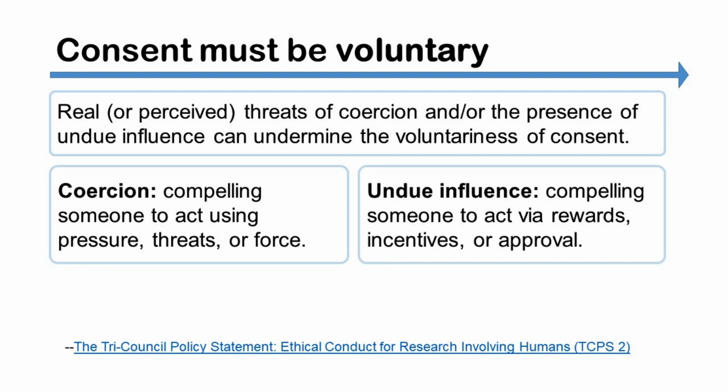Undue influence isn't necessarily using threats or negative things, but instead some kind of positive inducement, compelling somebody to act via rewards, incentives, or approval. One of our case studies looks at what happens when researchers want to use their own children in research studies.